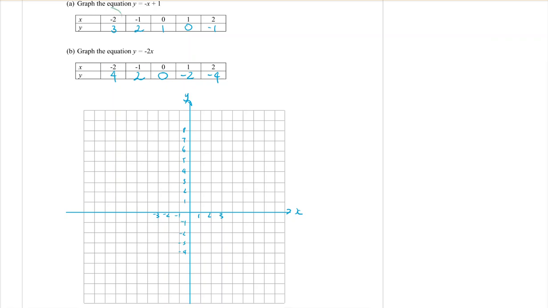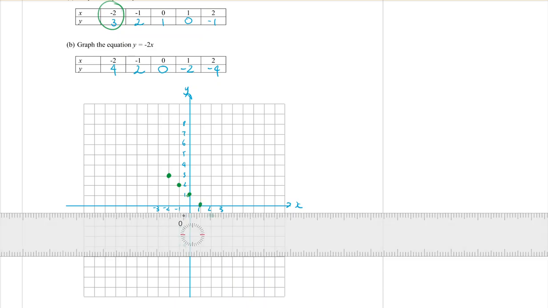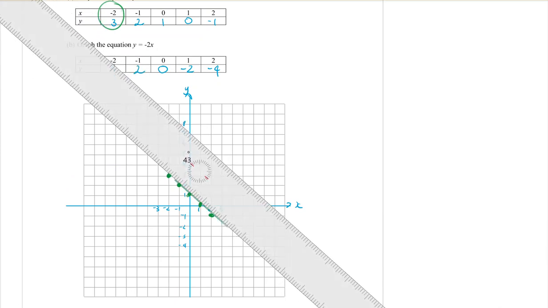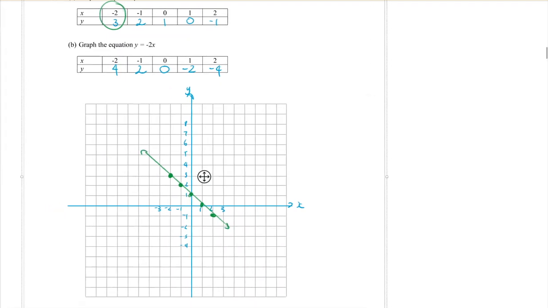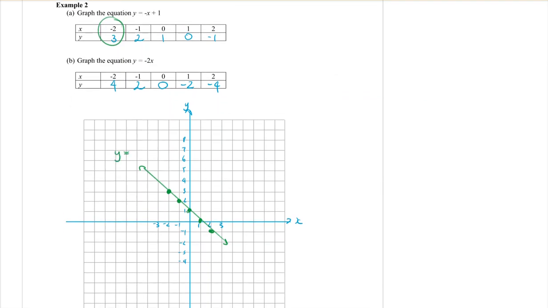So looking at our first table, our first point was minus 2, plus 3. Minus 2 up to plus 3, put a dot. Then minus 1 up to positive 2, 0 up to 1, 1, 0, and 2, negative 1. Rule your line. Write the equation on the end. So that one was y equals minus x plus 1.